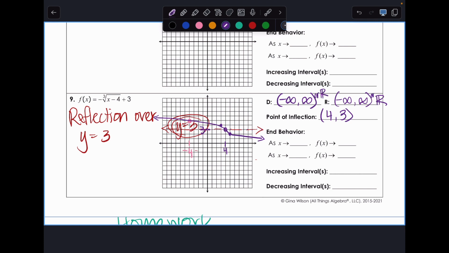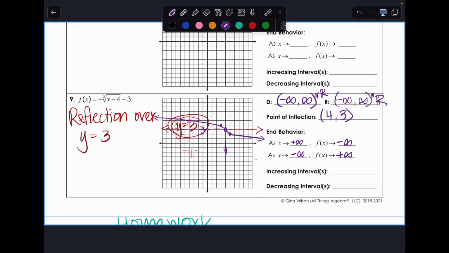And behavior as x is approaching positive infinity, y is approaching negative infinity. Okay? As x is approaching negative infinity, f of x is approaching positive infinity.